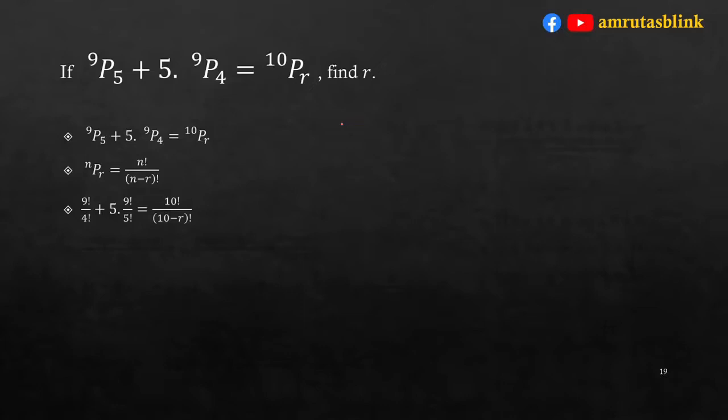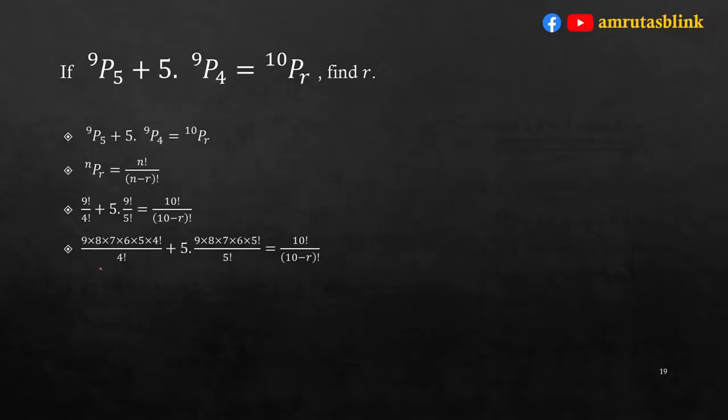So ultimately from the given statement we get 9!/4! plus 5 into 9!/5! is equal to 10!/(10-r)!. Now we'll simplify this. 9 factorial is 9 into 8 into 7 into 6 into 5 into 4 factorial upon 4 factorial, plus 5 into 9 into 8 into 7 into 6 into 5 factorial upon 5 factorial, is equal to 10!/(10-r)!.